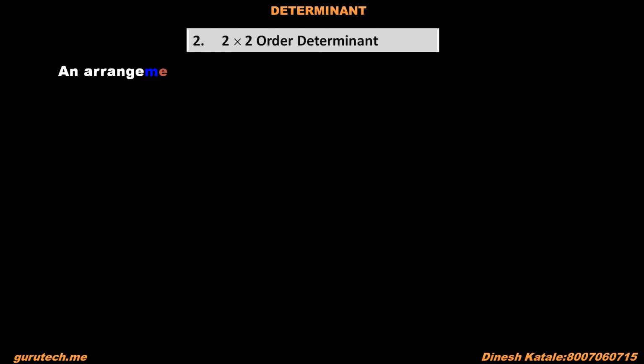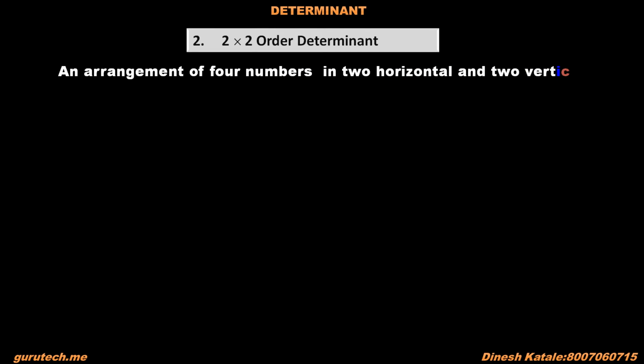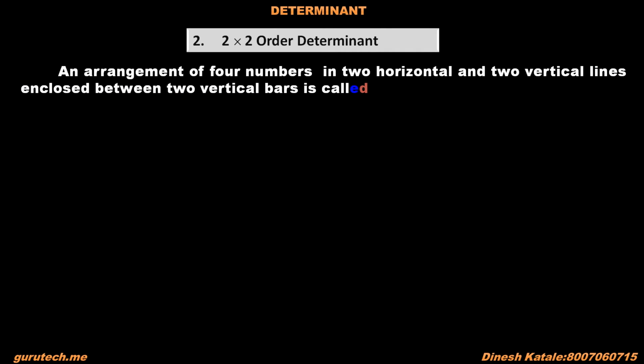An arrangement of 4 numbers in 2 horizontal and 2 vertical lines enclosed between 2 vertical bars is called determinant of second order.